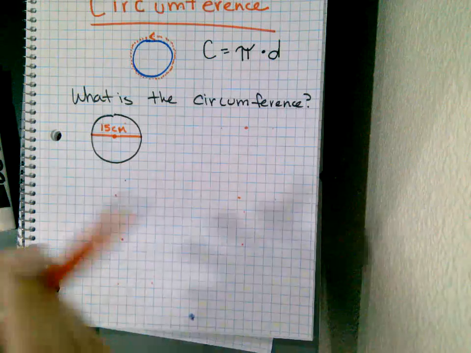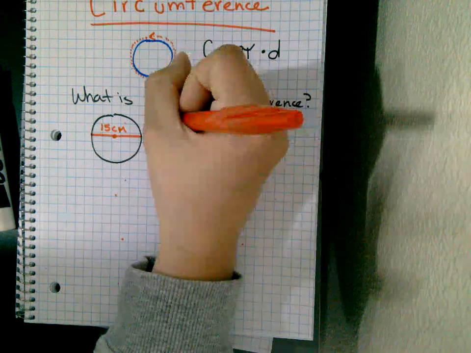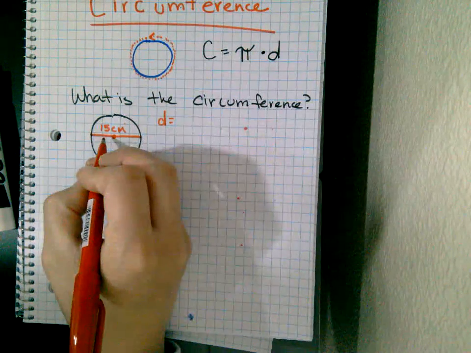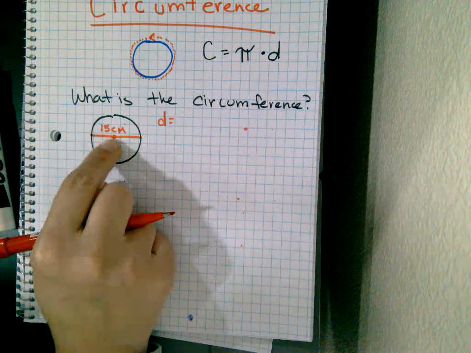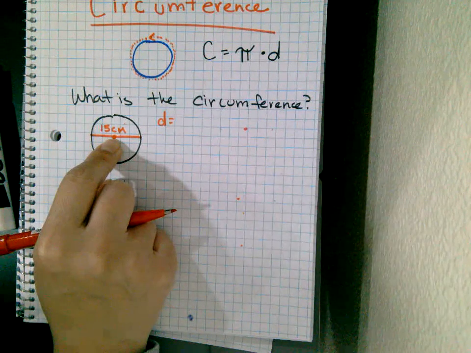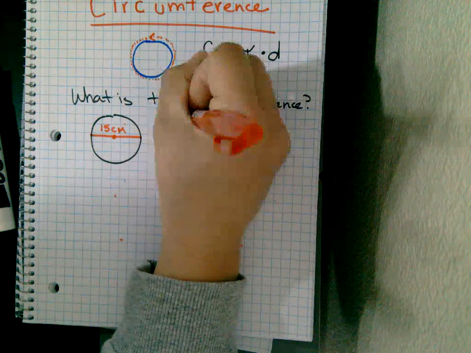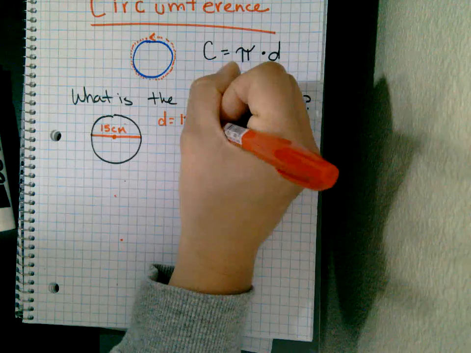I want to know what the circumference is equal to. But before we do the circumference, I want to make sure that you know what the diameter is. Does 15 represent my diameter or my radius? It represents the diameter. Yes, my diameter. Very good. So we're in good shape. Diameter is 15 centimeters.